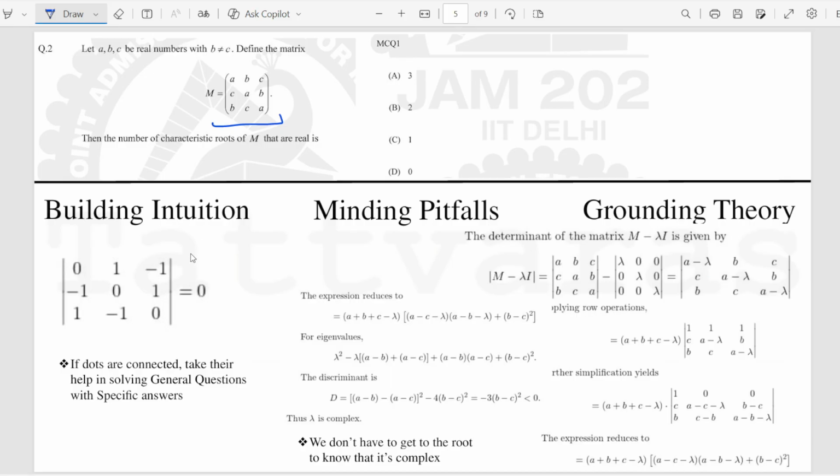The direction, if the dots are connected, is the skew symmetric matrix, because we can take a as 0 in the diagonal position, and b we can take as minus c, so that we have M transpose equals minus M. And if we happen to remember in the exam that skew symmetric matrices only have 0 as an eigenvalue, or complex eigenvalues with the imaginary part, we could understand that this has just one real eigenvalue 0 and the others are complex.